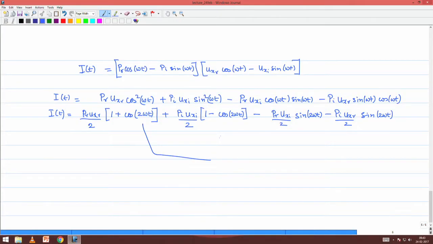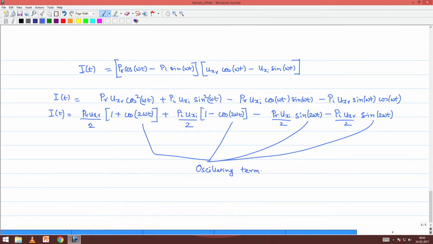But other than the fact there is a cosine of 2 omega t and a sine of 2 omega t dependence, there is also a constant term which you see here. These two terms are associated with this one value are constant, whereas all these other terms are fluctuating terms, right. All these terms are oscillating terms.